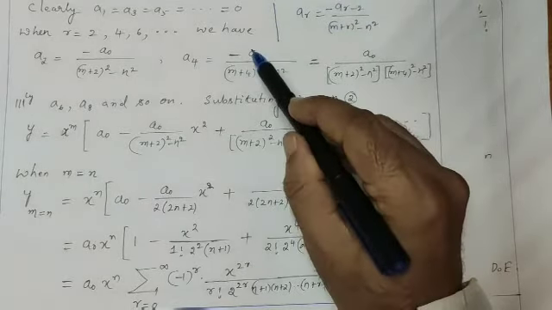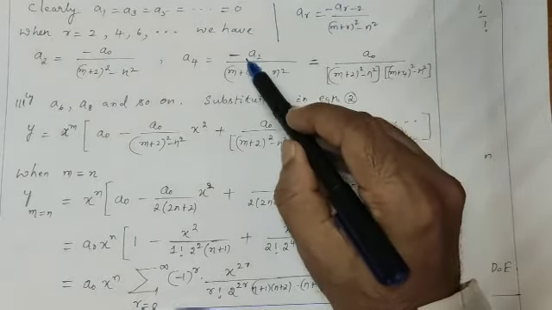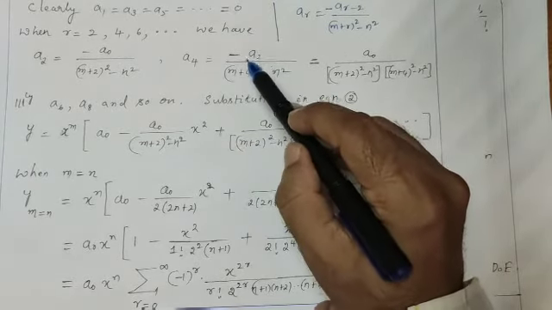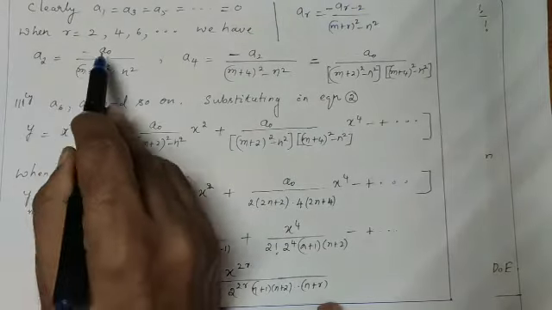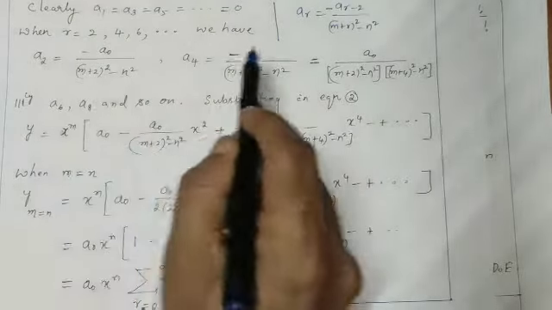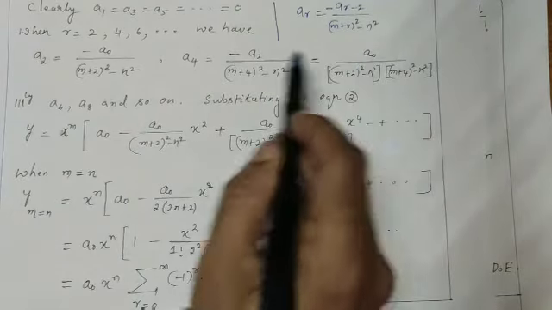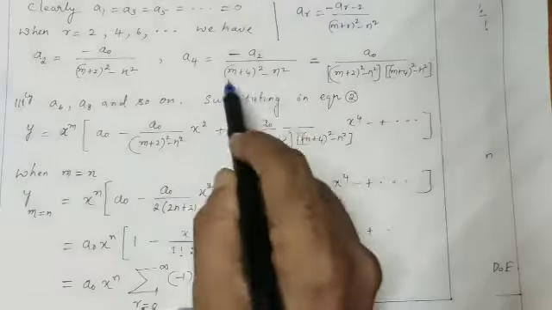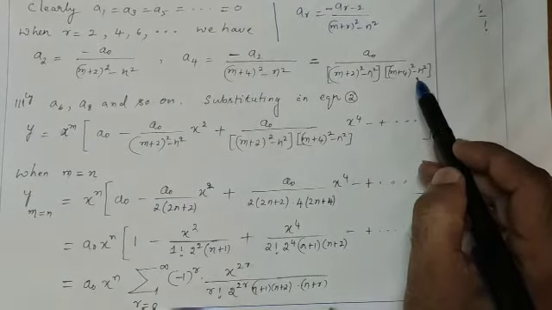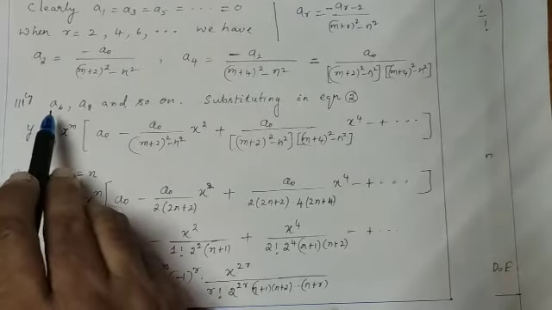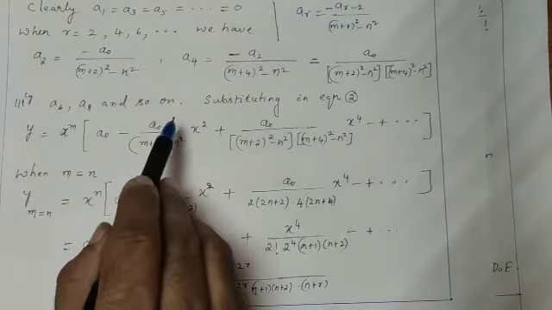Now I have to express every coefficient in terms of a0, so I replace a2 by minus a0 by (m plus 2) whole square minus n square. So what you will find is minus into minus, plus a0, divided by the factor (m plus 2) whole square minus n square and the factor (m plus 4) whole square minus n square. Similarly we can find the next coefficients a6, a8 and so on.